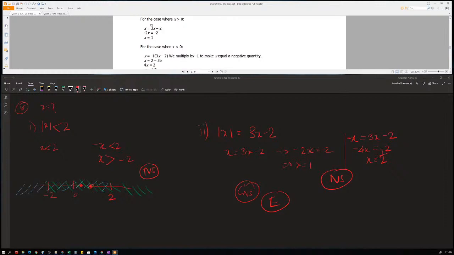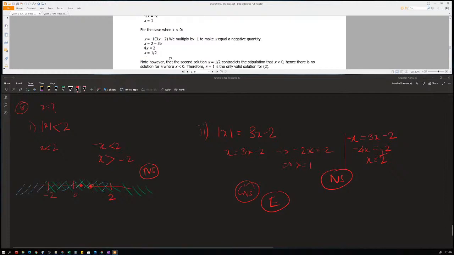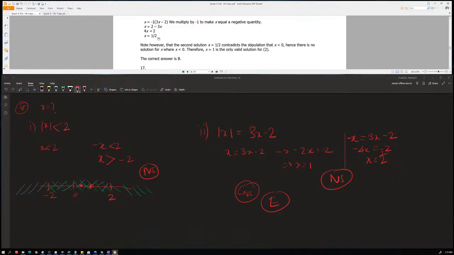For the case x is greater than 0, x is equal to 1, which is right. For the other, x is equal to half. However, the second solution x is equal to half contradicts the stipulation that x is less than 0. Hence, there is no solution for x less than 0. Therefore, x is equal to 1 is the only valid solution.